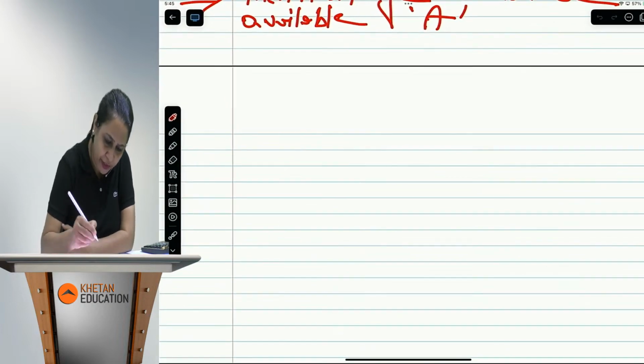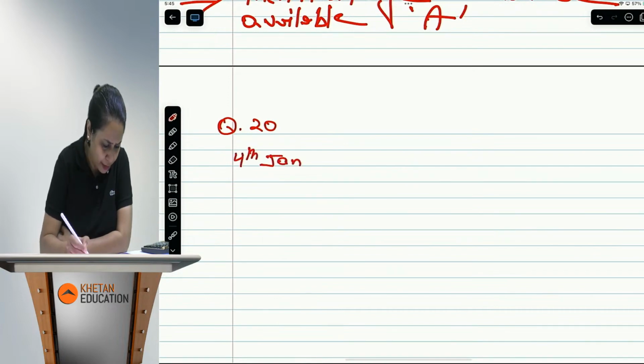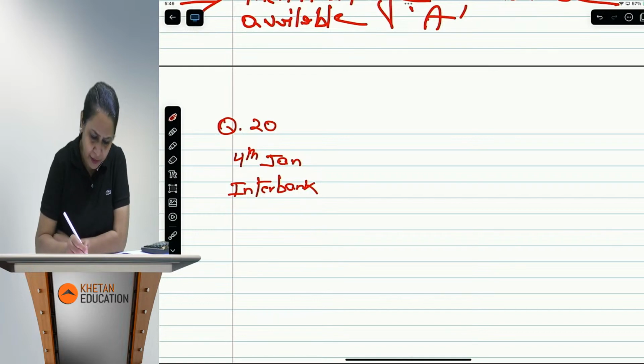So question number 20. Let me write everything and then I can discuss. On 4th of January, there is an interbank, there is a bank and there is a customer.